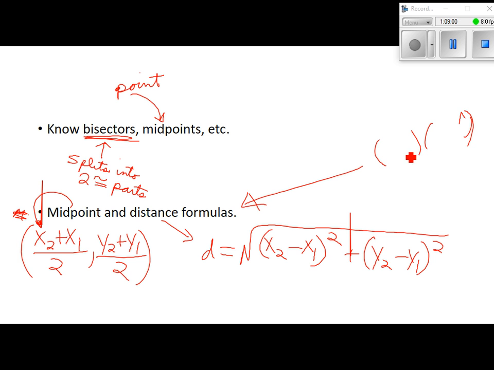You're either going to be given two ordered pairs or you're going to be on a graph. So you see a graph or you see points, you're probably using one of those two formulas. Good bet. For this test, it probably would be a great bet.